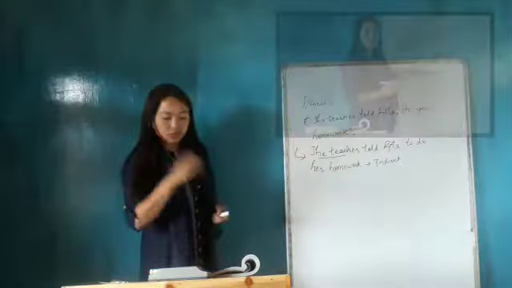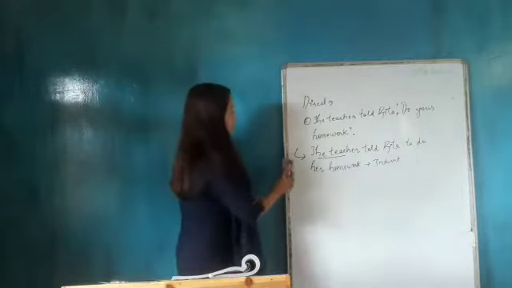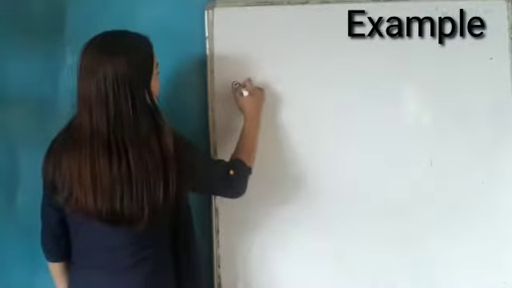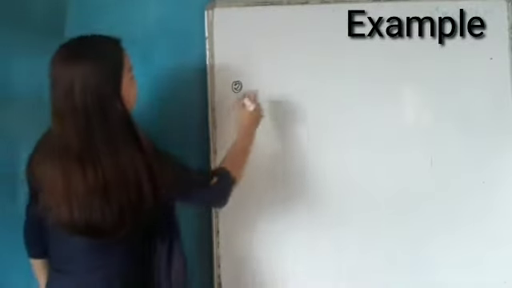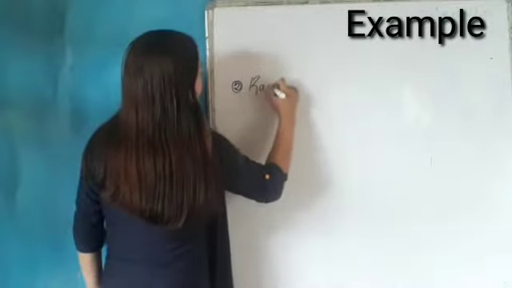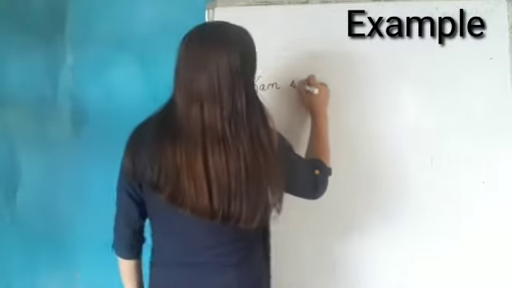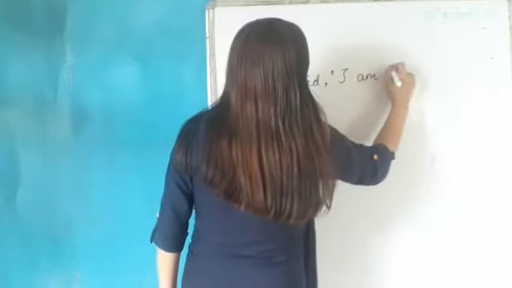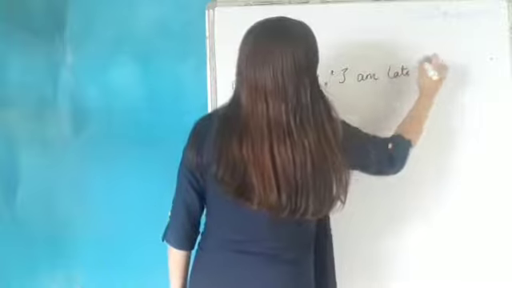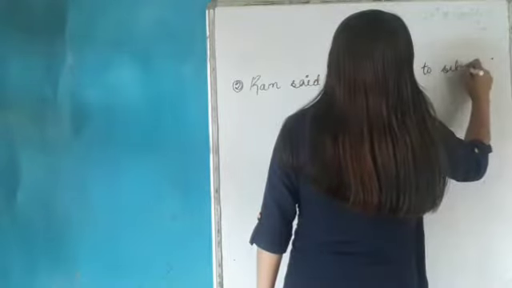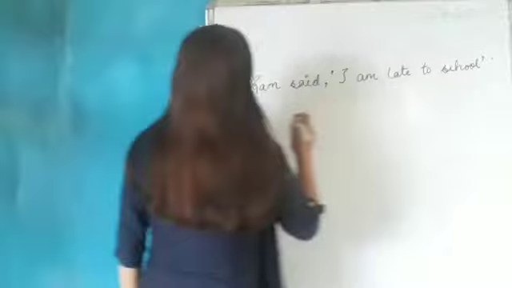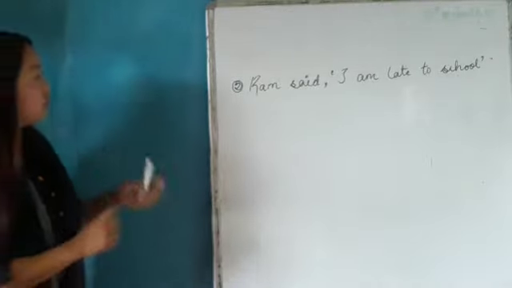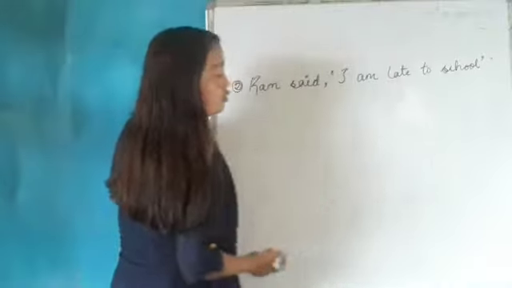Again, I will give you a few more examples to make it clear. Your second example. If you look at it, this is direct speech: Ram said, I am late to school.